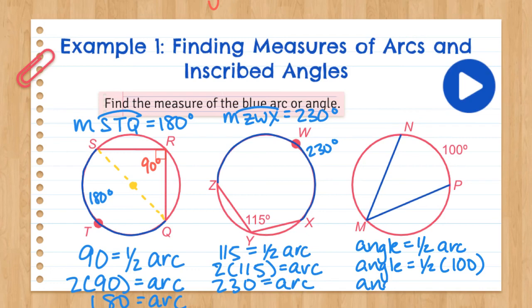So the angle equals half of 100, which is 50. So now we can see that the measure of angle NMN equals 50 degrees. So remember that formula, angle equals half of the arc.